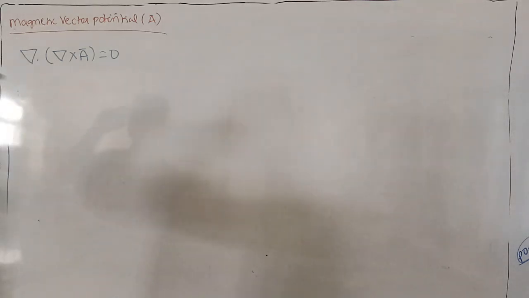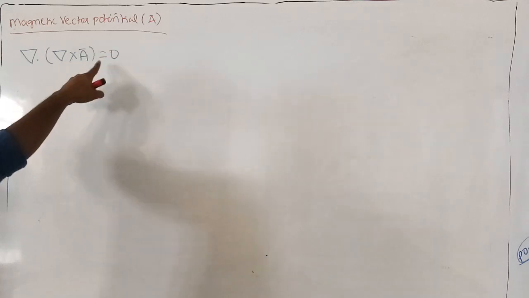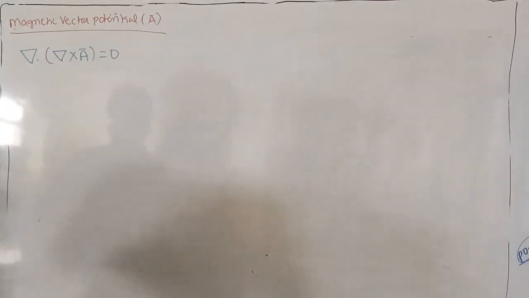That is the reason why, if you substitute, del dot (del cross A bar) should be equal to 0.